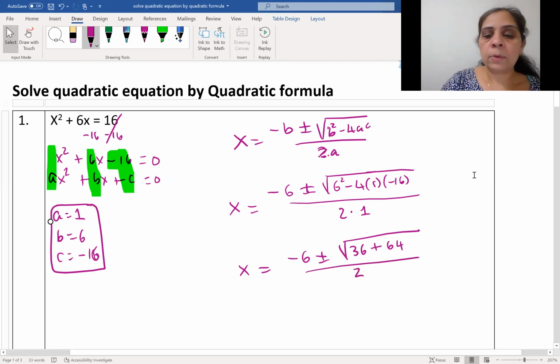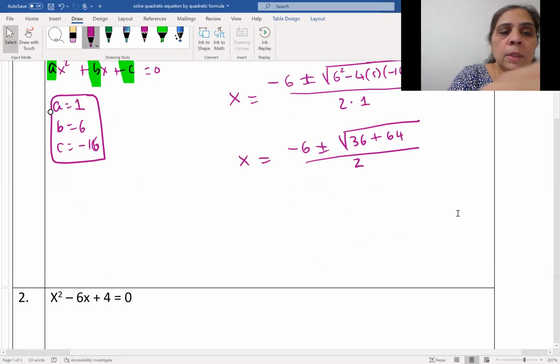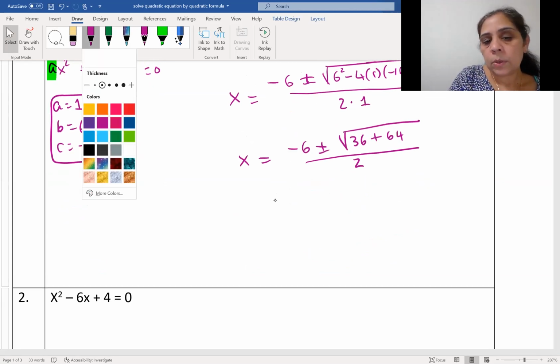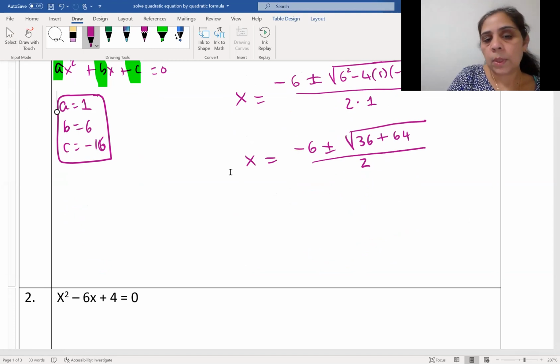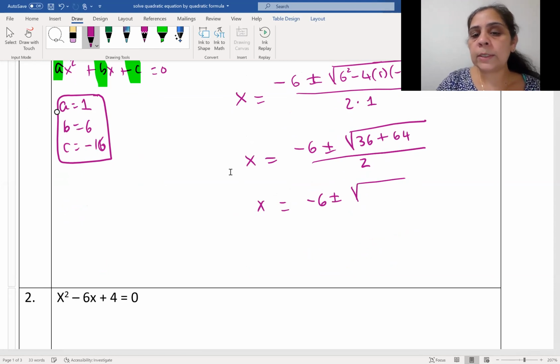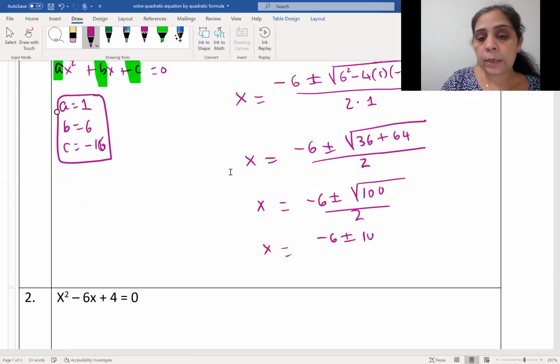So x equals negative 6 plus or minus the square root of 36 plus 64 is 100, over 2. x equals negative 6 plus or minus the square root of 100, which is 10, divided by 2. Now we need to simplify. We need to give two answers here.